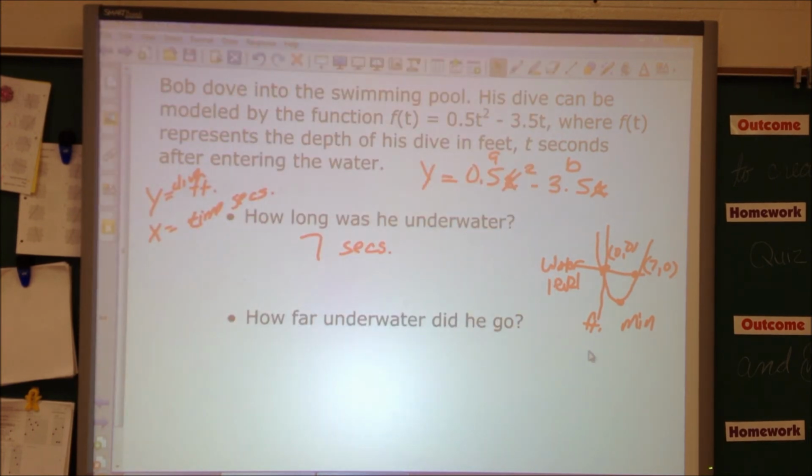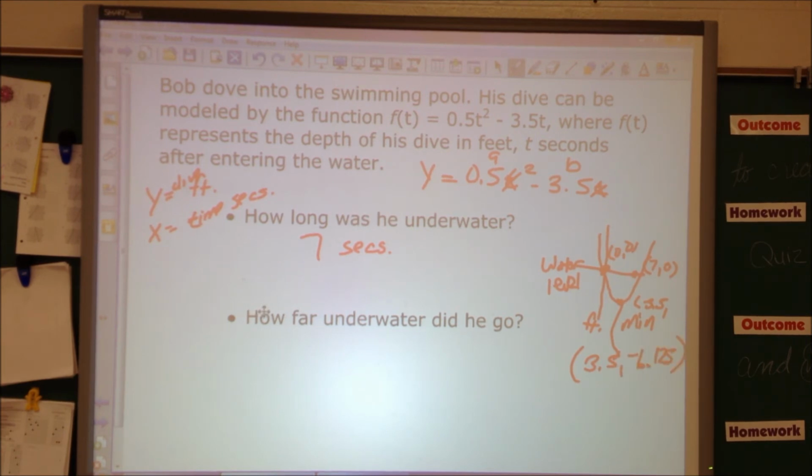So at this point here, oops, sorry guys, got the wrong tool. At this point here, x is 3.5 and y is negative 6.125.